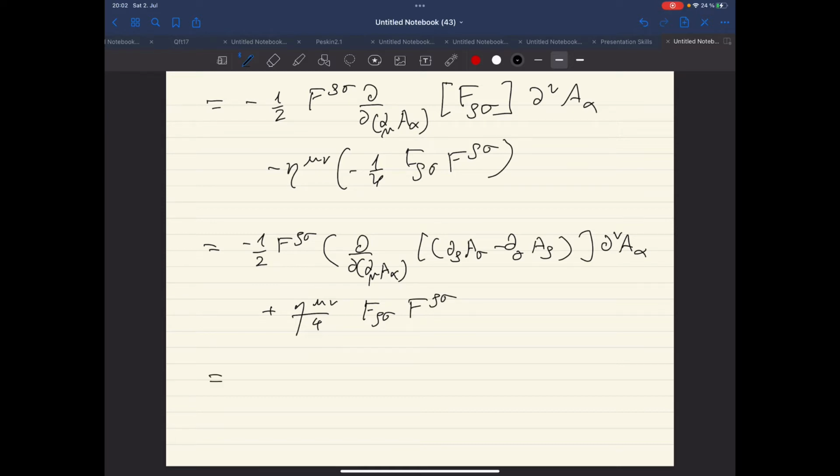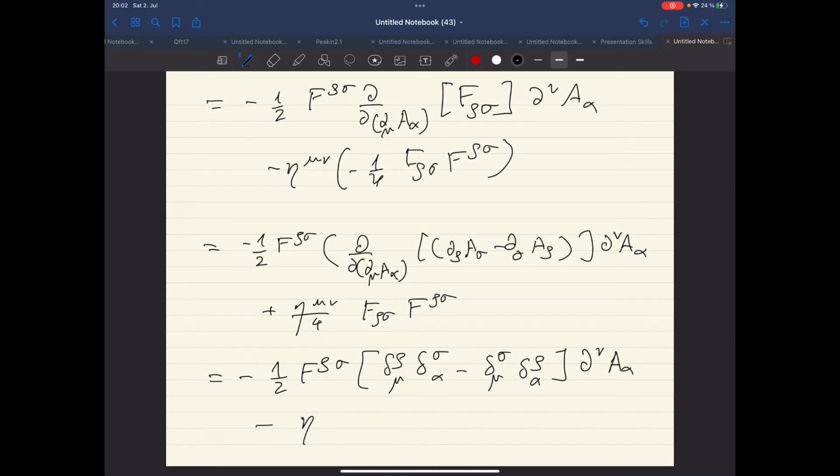Great. So this is equal to, now if I differentiate this term, we have encountered this before. I will get Kronecker deltas because I actually differentiate the same field but with different indices. So this will be equal to minus 1/2 F^{ρσ} (δ_ρ^μ δ_σ^α minus δ_σ^μ δ_ρ^α) times ∂^ν A_α plus η^{μν} over 4 F_{ρσ} F^{ρσ}.